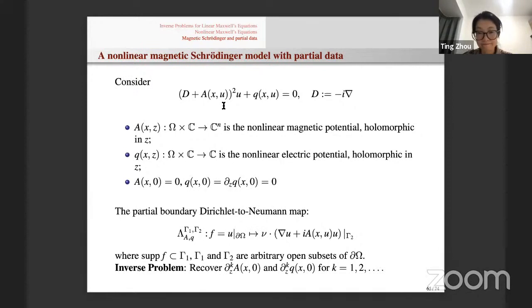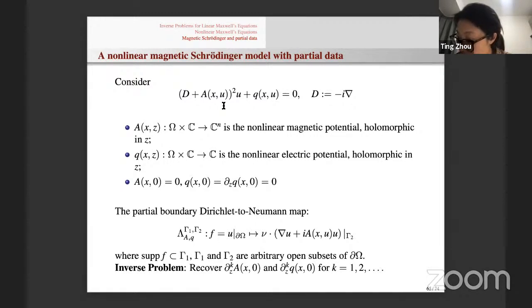One help is that this kind of nonlinearity makes it easy to consider this partial data. But in the direction of stability estimates, is it helpful to get better stability?